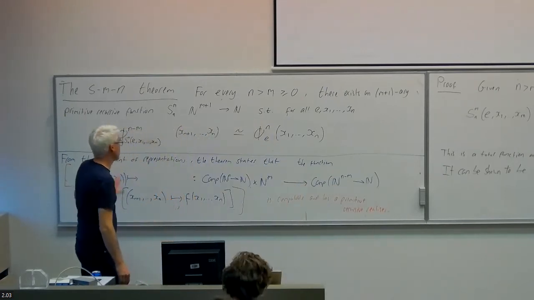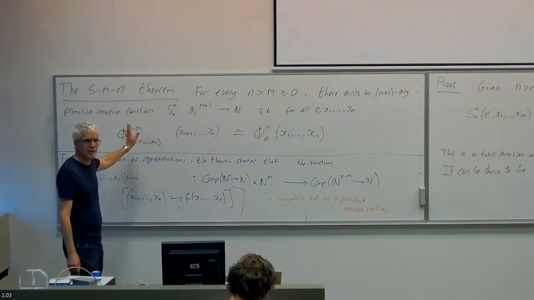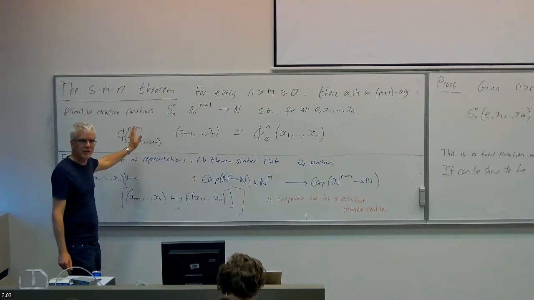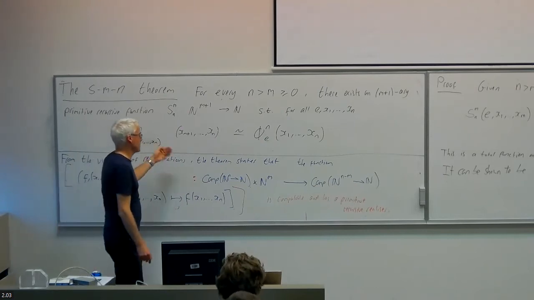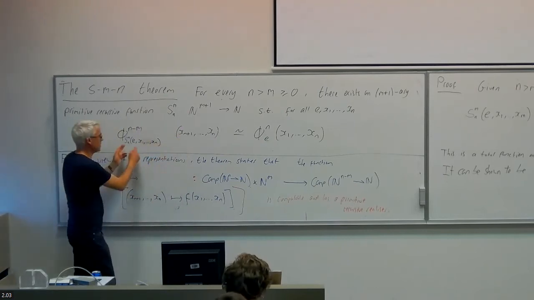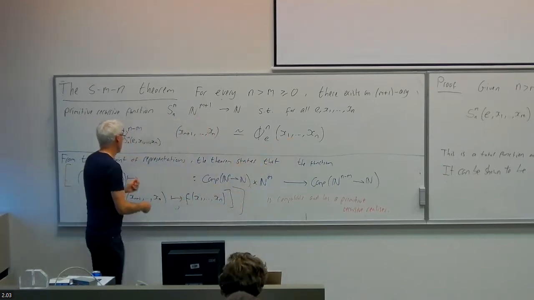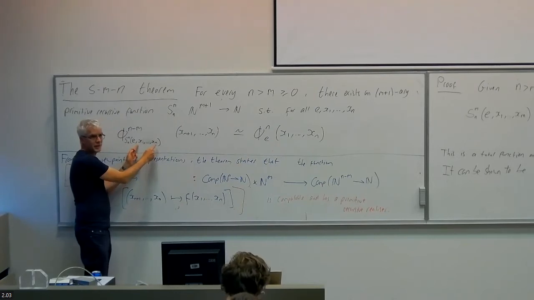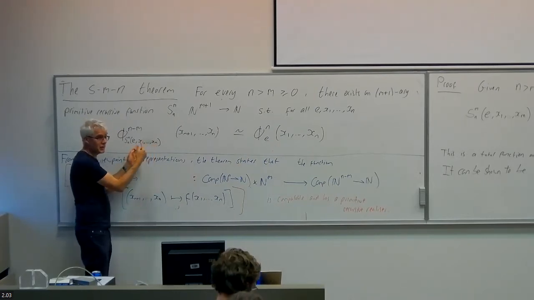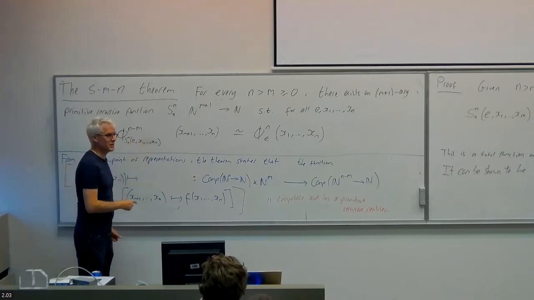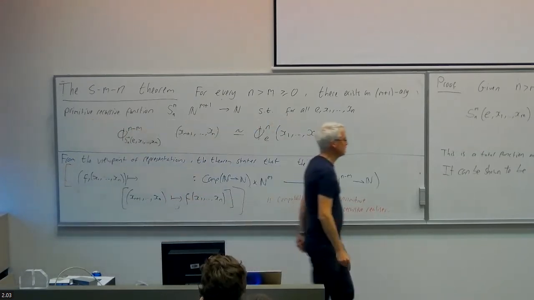Just to say again, for those of you with a more computer science background, if you know something about partial evaluation, then this amounts to essentially partial evaluation of the function E that has n arguments by fixing the first m arguments. If you're from a computer science background and you don't know about partial evaluation, you can Google it. Then that will help you to understand the SMN theorem.